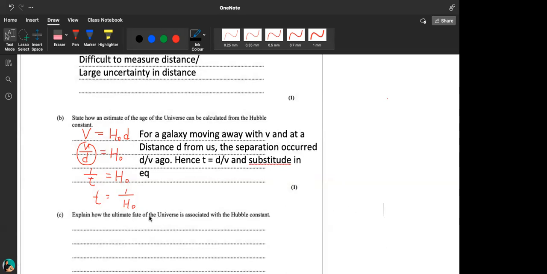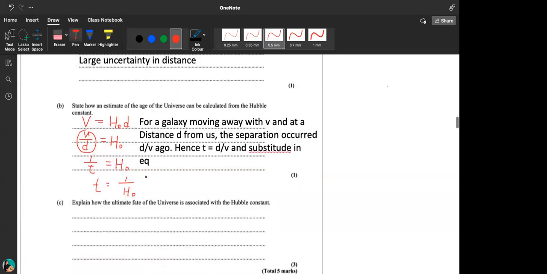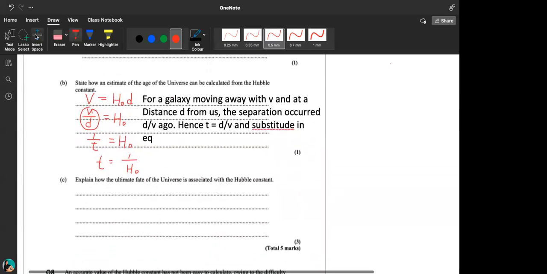Explain how the ultimate fate of the universe is associated with the Hubble constant. Okay, so how does the Hubble constant predict the fate of the universe? First thing we said is that the Hubble constant is changing. It is not exactly a constant.